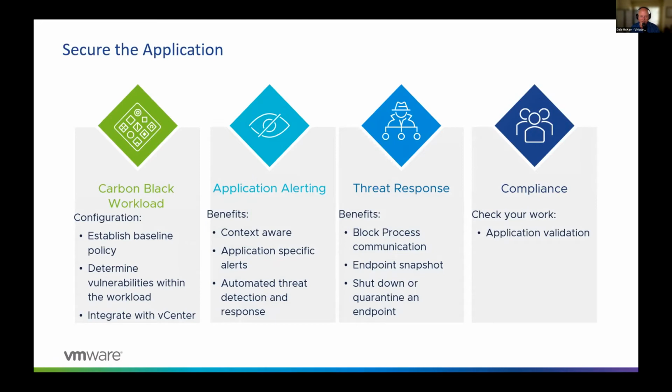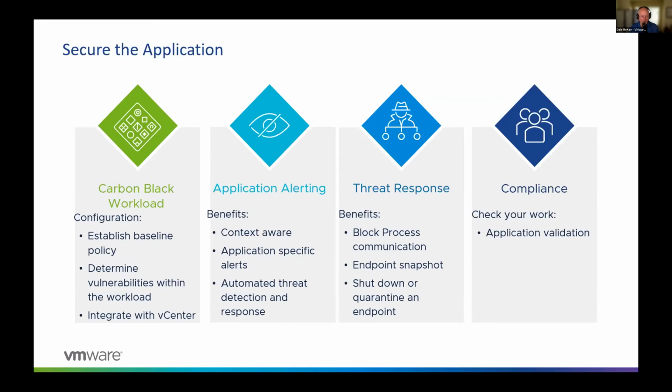A baseline policy could be anything from no USB access, to I don't want a certain application to ever run, and I can blacklist that application based on the hash of that application. That's how granular the policy can be. And by implementing that policy across the data center, I can now establish what that baseline is going to be.